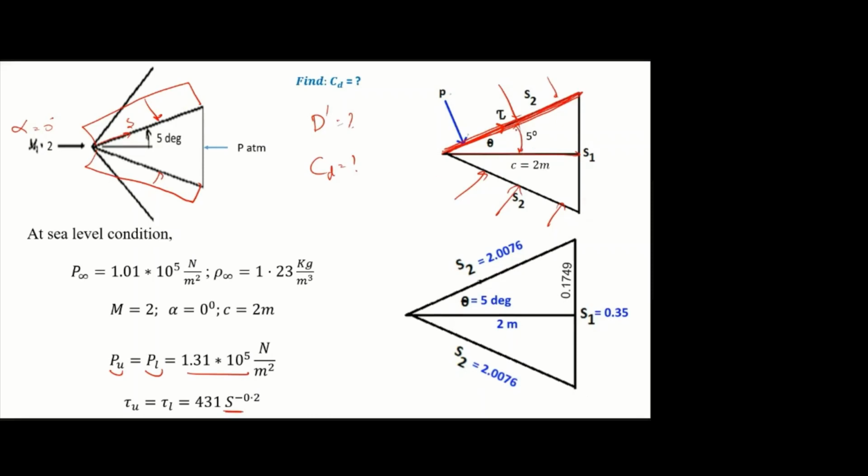This is 5 degree, this is 2 meter, here 90 degree, and this length S2 you have to find. I think S2 cos 5 degree is equal to 2 meter, right? Am I correct?